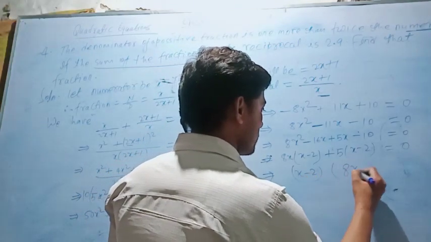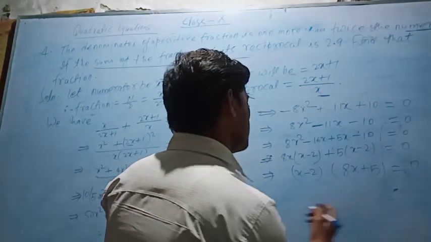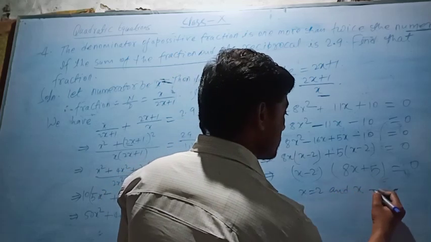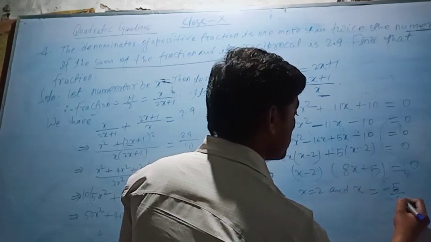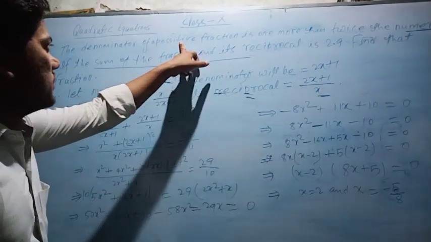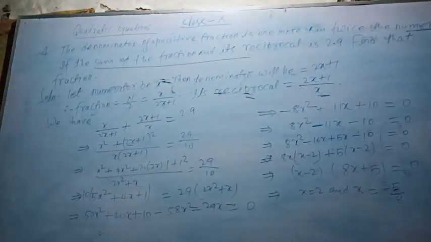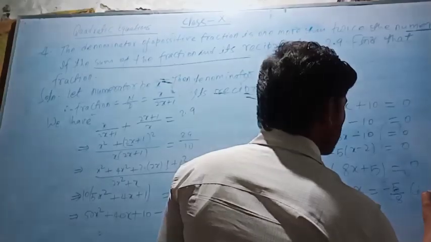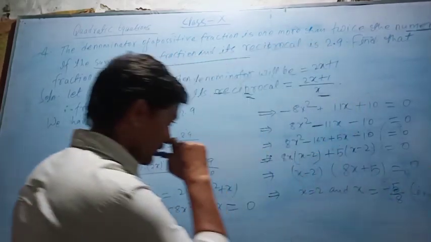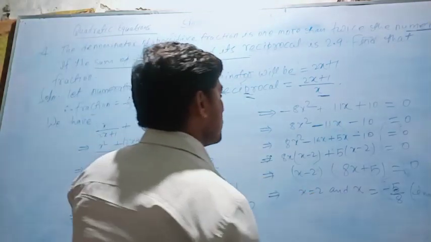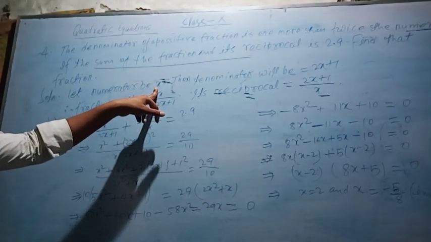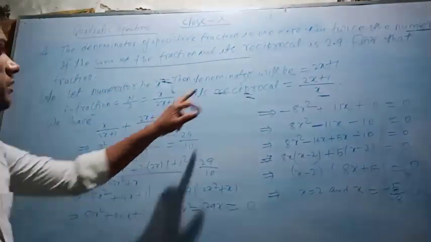We have to find a positive fraction, so minus 5 upon 8 is an impossible value. The possible value is x equal to 2. x is the numerator, and the denominator is equal to 2x plus 1, which means 2 into 2 plus 1 is equal to 5.